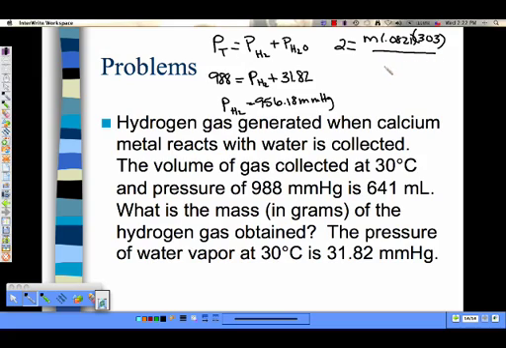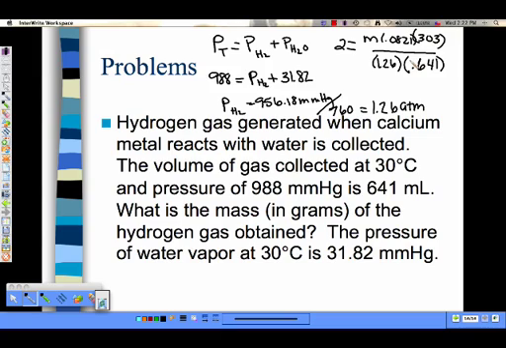Then the pressure: again, we're going to divide by 760 to get ATM, and that gives us 1.26. And our volume, changed to liters again, is 0.641.